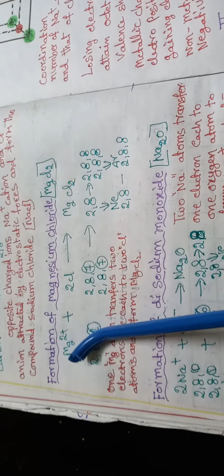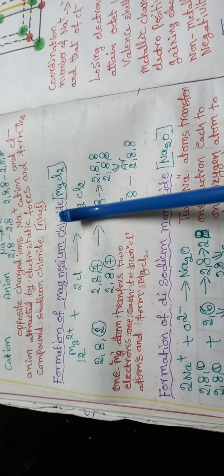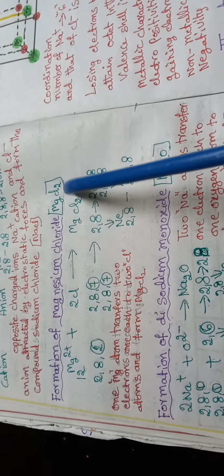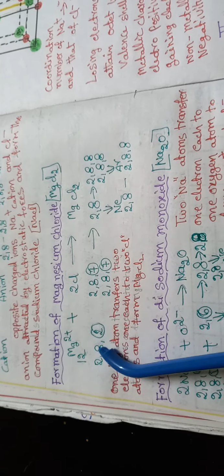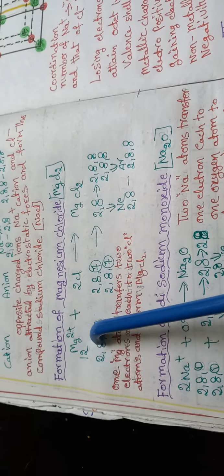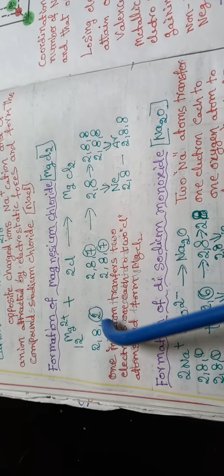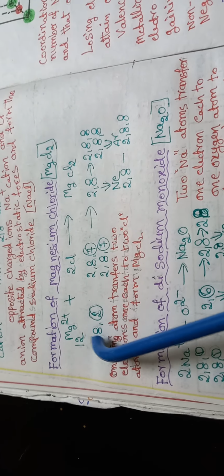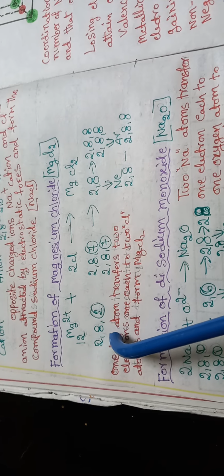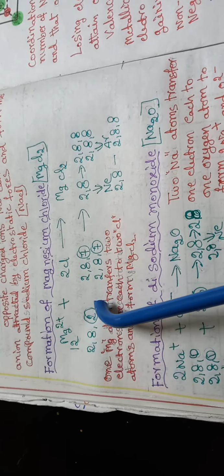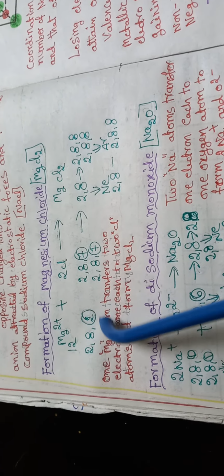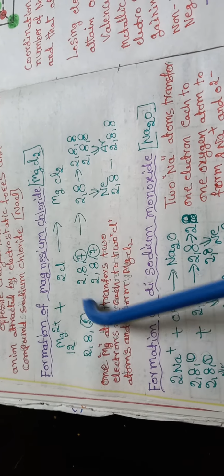Next, formation of magnesium chloride. Formula MgCl2. Magnesium atomic number 12 and electron configuration 2,8,2. So the outer shell contains 2 electrons.